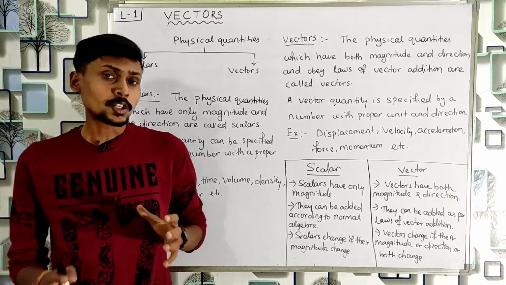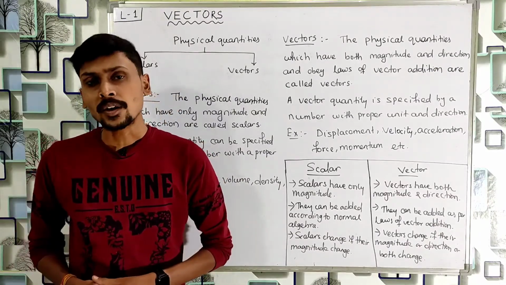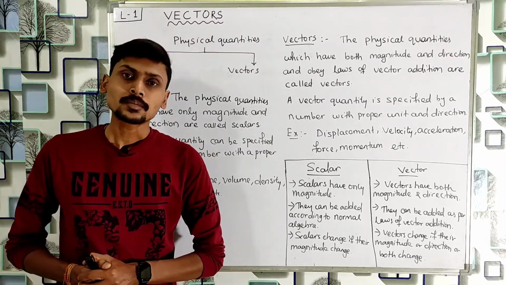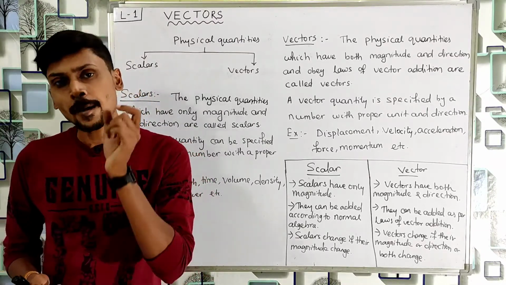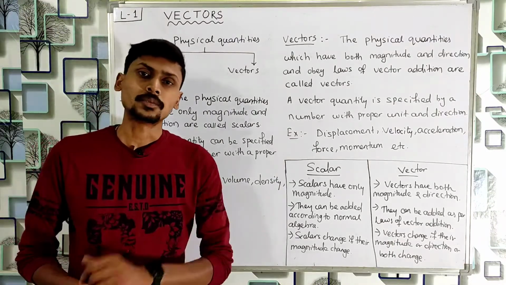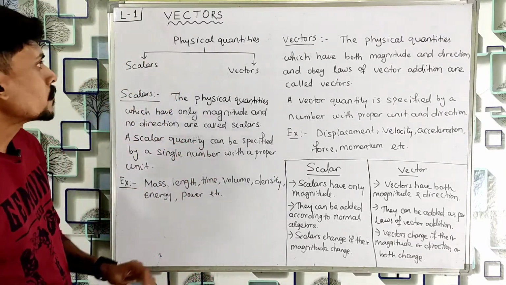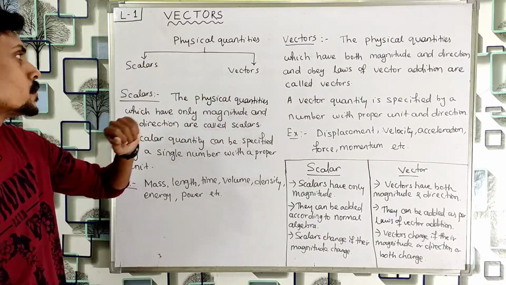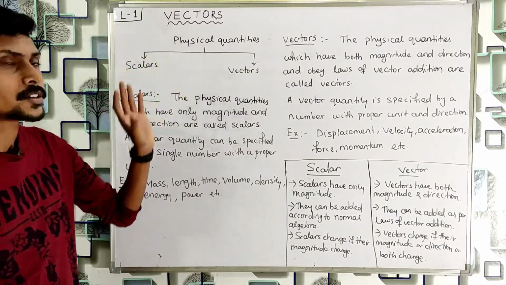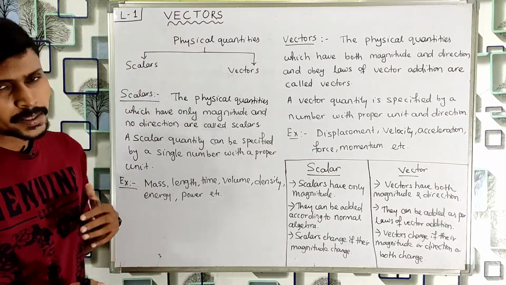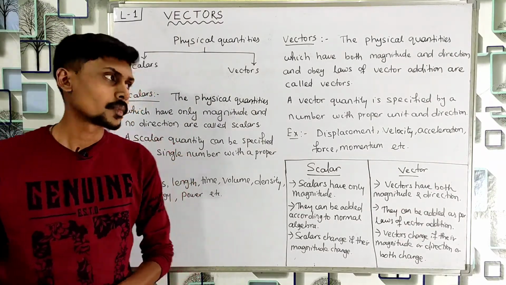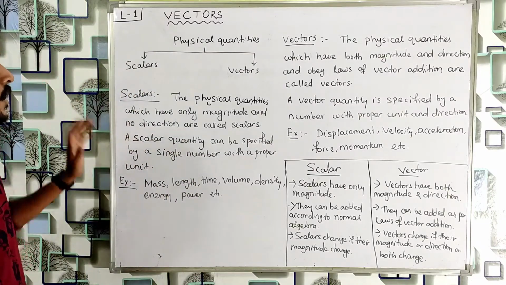They need the help of the fundamental quantities to express themselves. But we can also classify the physical quantities into two categories based on whether they have direction or not. So physical quantities can be classified into two categories: scalars and vectors. So what is the meaning of scalar? What is the meaning of vector? Let us discuss that. So what is scalar?